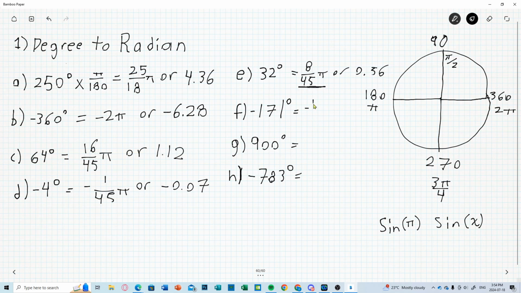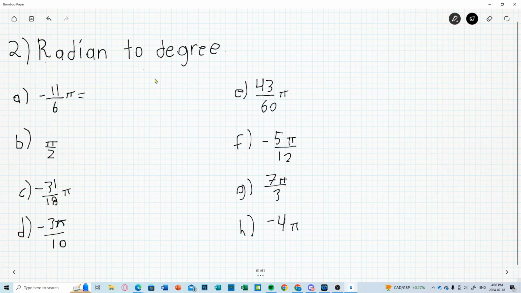So there's no rounding needed. So we'll have negative 19 over 20 pi. And we'll follow the same steps for the last ones. We'll have 5 pi for this one, and for our last one, we're going to have negative 87 divided by 20 pi.